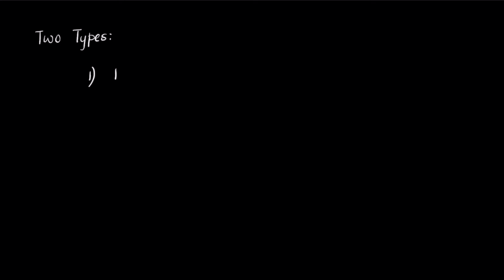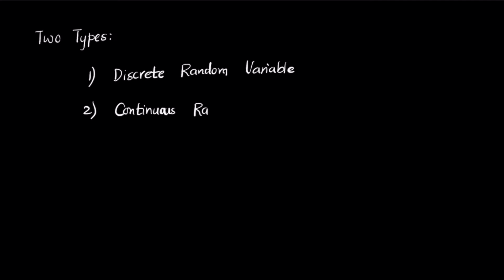Number one is a discrete random variable. Number two is a continuous random variable.